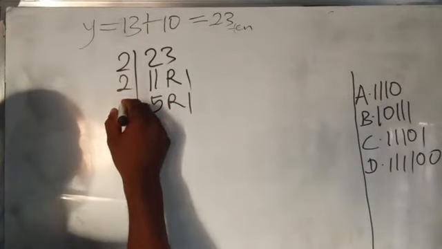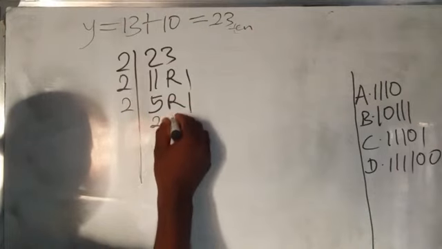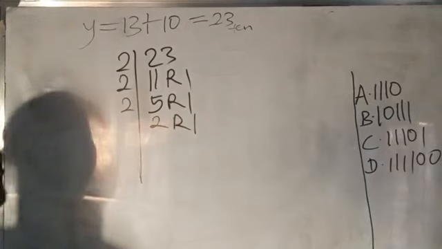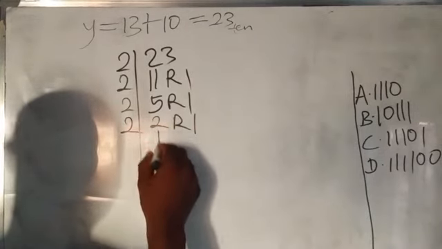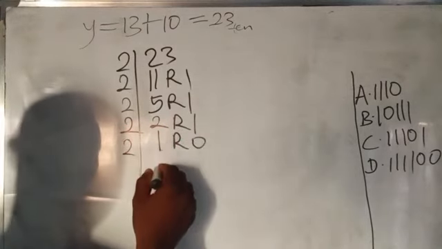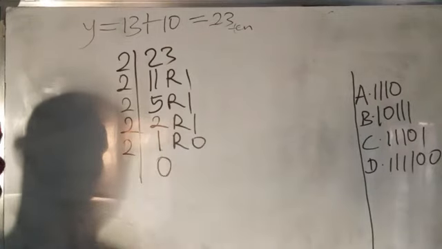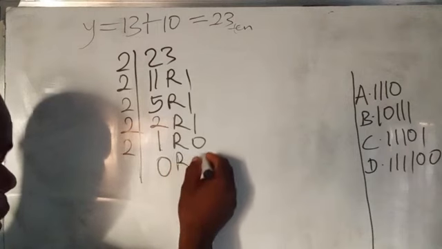So now 2 again. 2 divide 5, you have 2, remainder 1. Now 2 divide 2, you have 1, remainder 0. And 2 divide 1, you have 0 because 2 is bigger than 1, remainder 1.